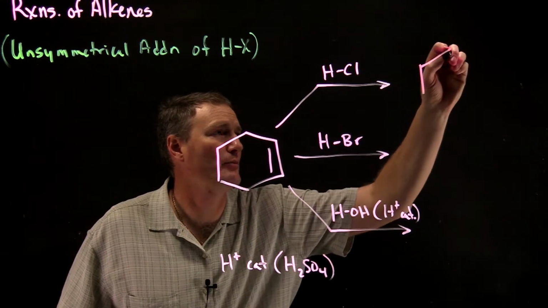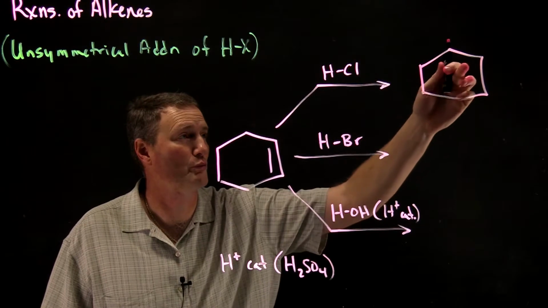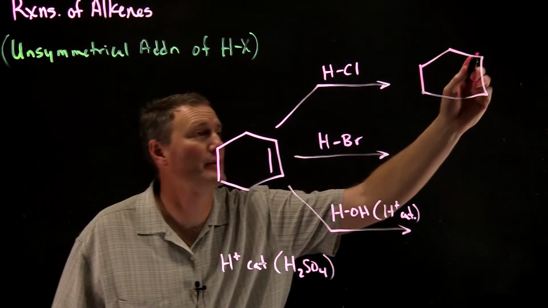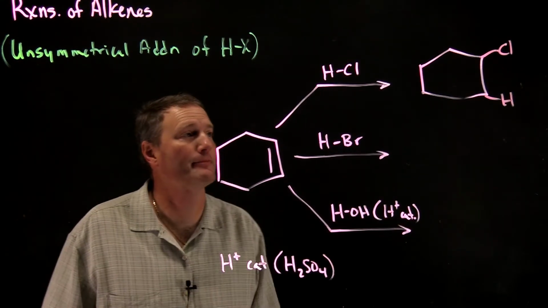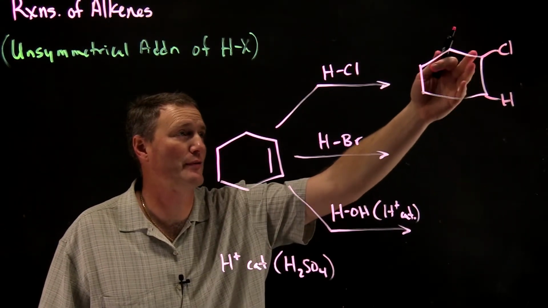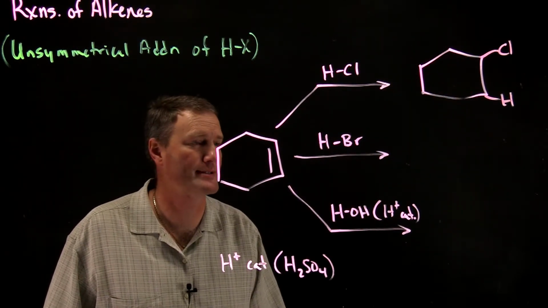So the cyclohexene now is going to have its double bond removed, and now we're just going to put chlorine and H right there. Okay, so again, the double bond is removed. We've changed the geometry of these to be 109.5 degrees.